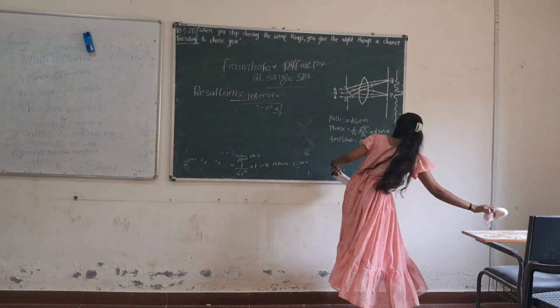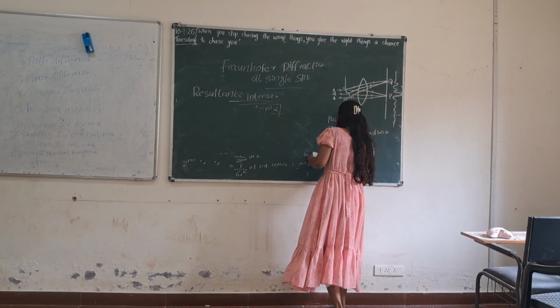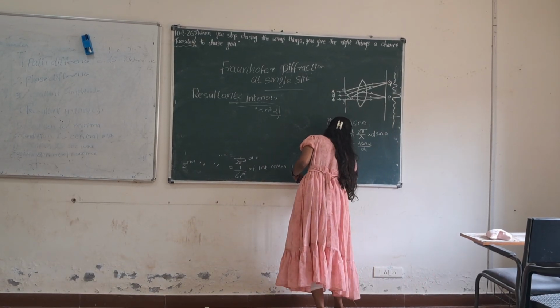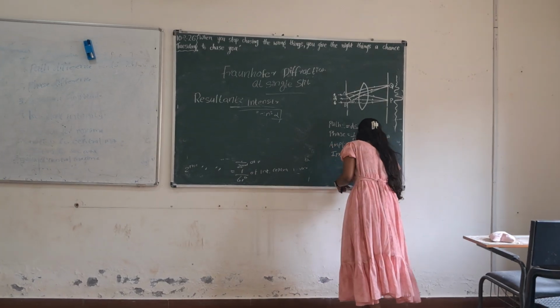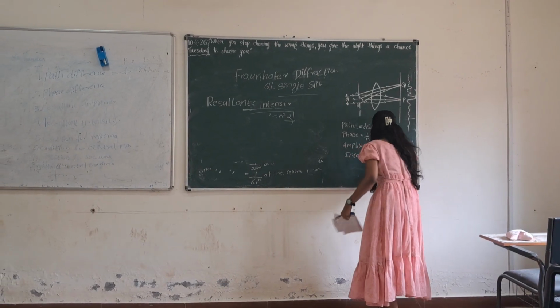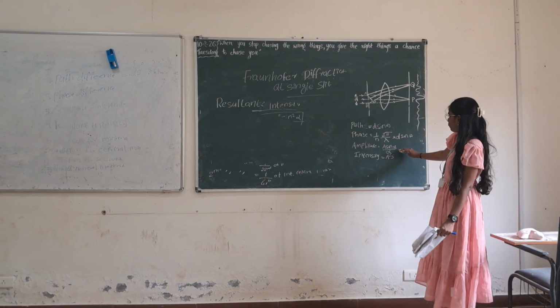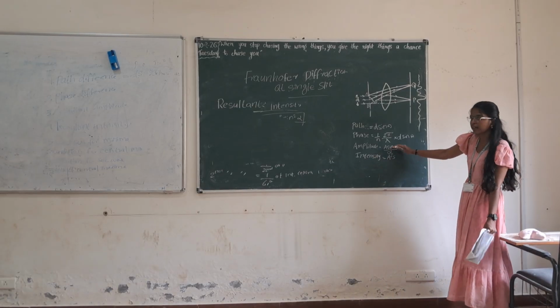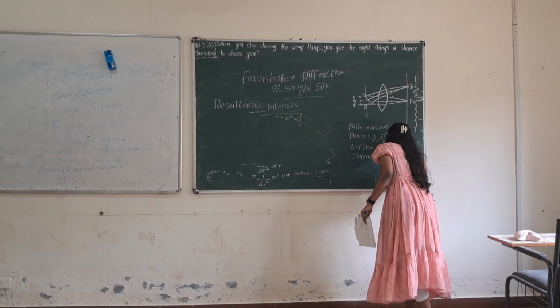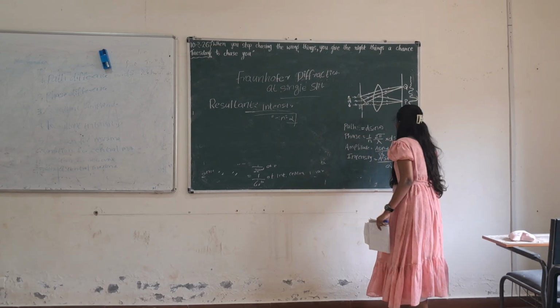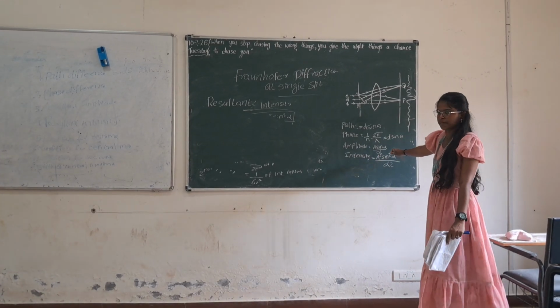We know the amplitude, and the intensity is A squared sin squared alpha by alpha squared. I think these four equations are simple.